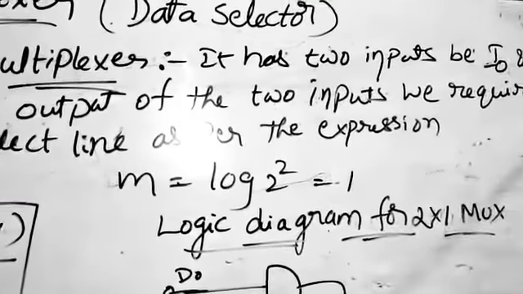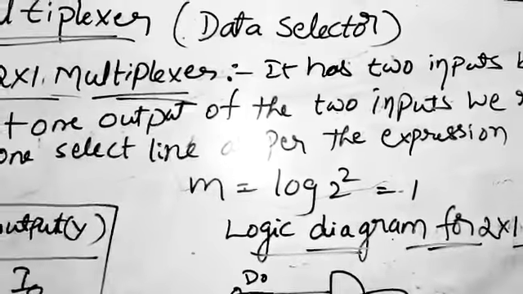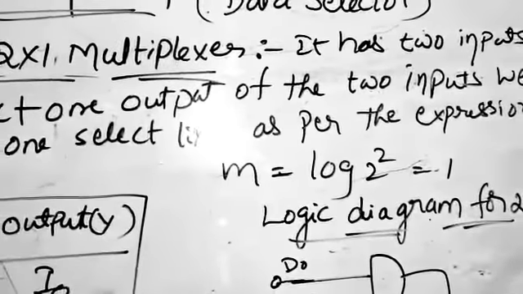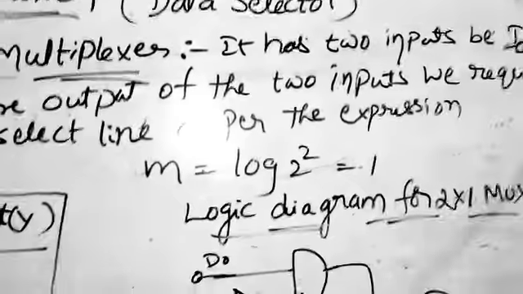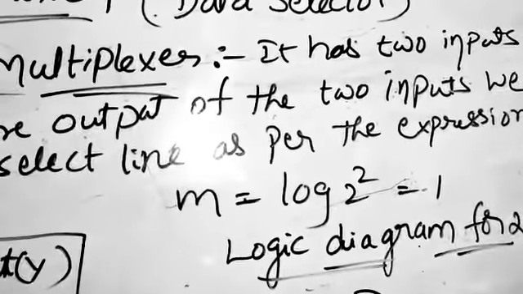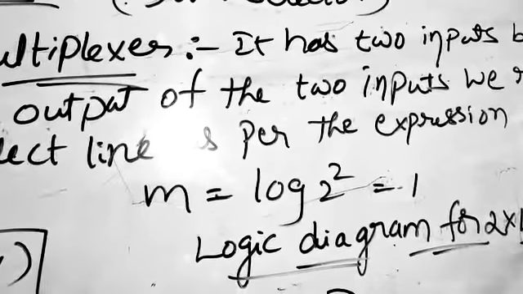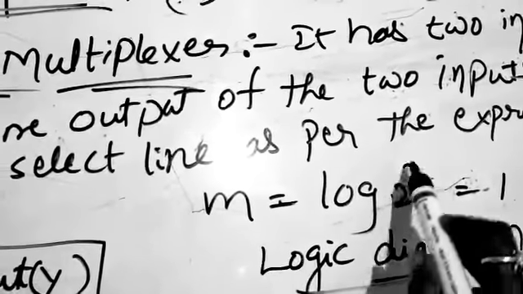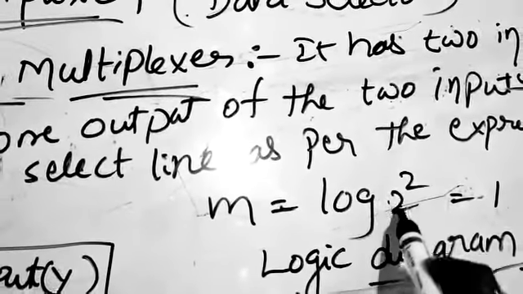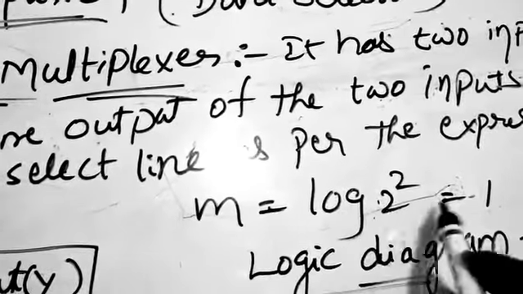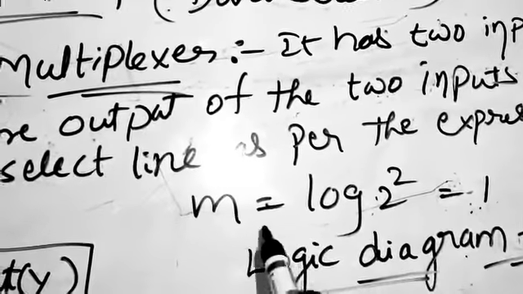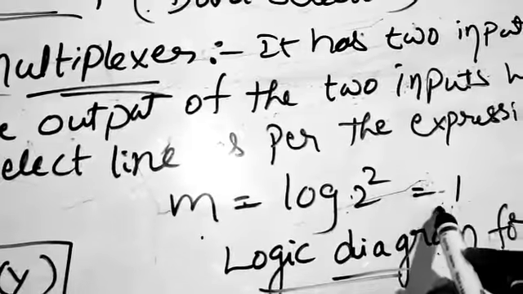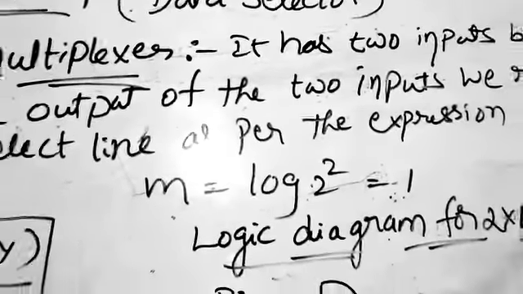For this 2 into 1 multiplexer, how many select lines are there? We use the expression m is equal to log 2 power n, where n means the number of inputs. So log of 2 power 2 is equal to 1. That means the number of select lines is m equal to 1.